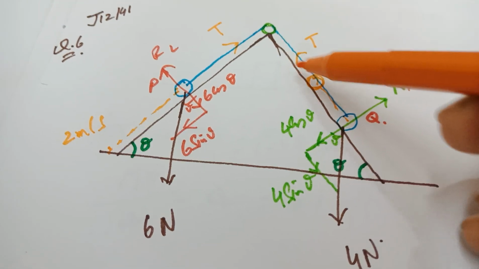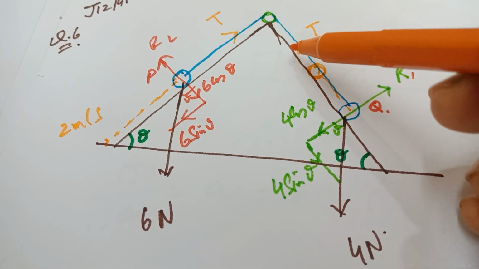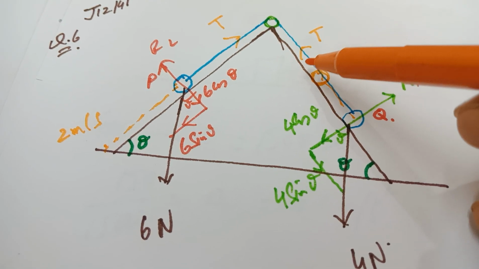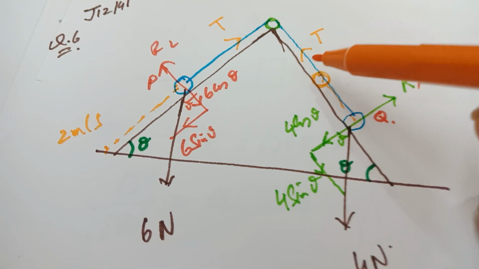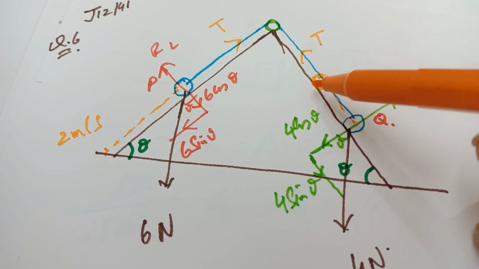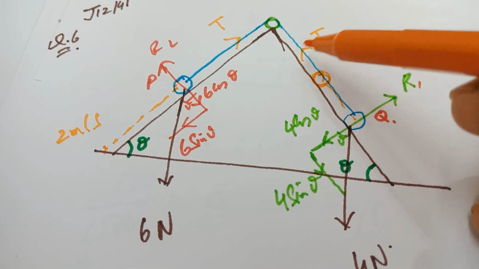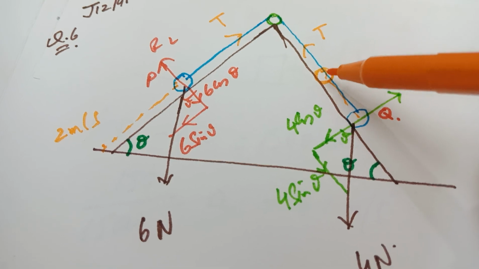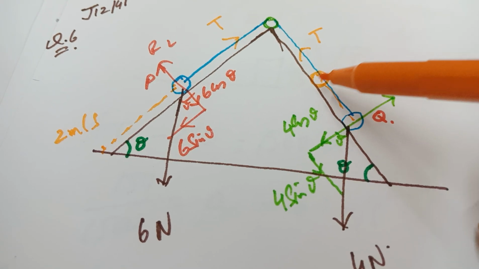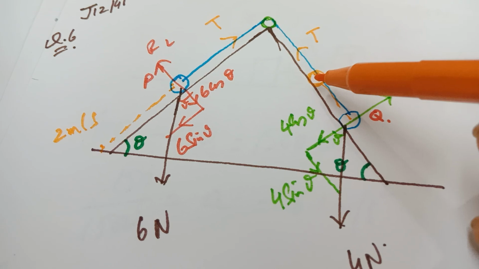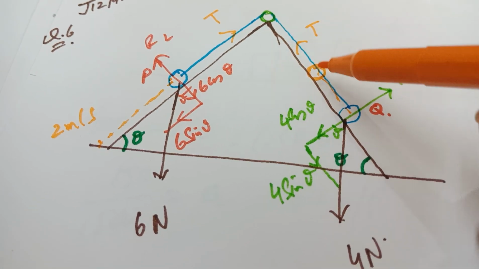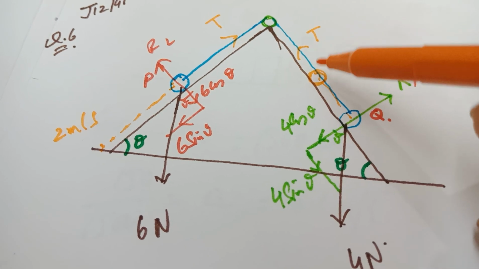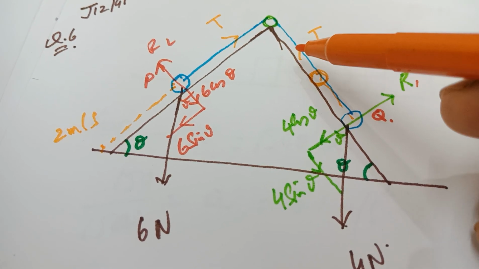Now when it is continuing its motion up the slope, the string is slack. There is no more tension in the string, so there is no more upward force acting on this particle Q. Now you have to ask yourself: when Q is moving up the slope, is it accelerating, decelerating, or moving with constant speed?